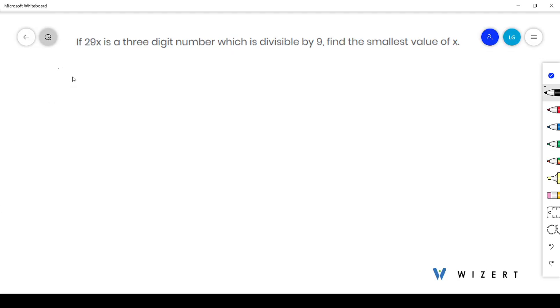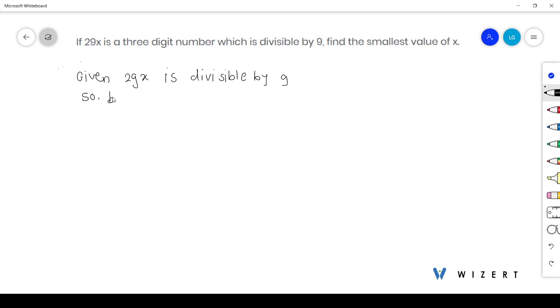Our question is, if 29x is a 3-digit number which is divisible by 9, find the smallest value of x. We have given that 29x is divisible by 9.